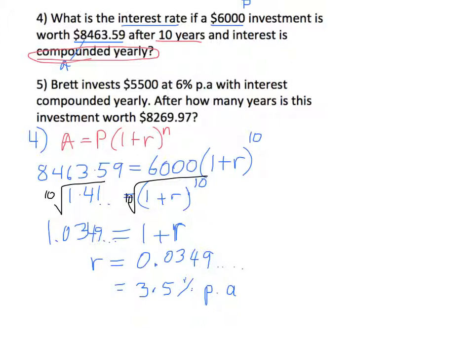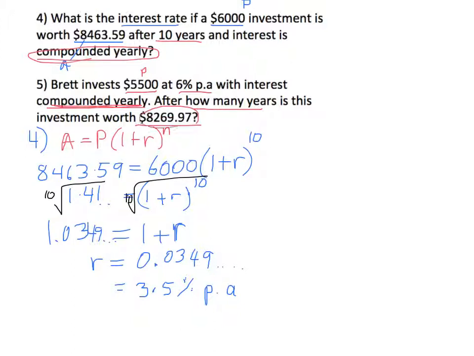Number 5, Brett invests $5,500, so that's P, at 6% per annum, that's R, with interest compounded yearly. After how many years, the question's asking us to find N, is this investment worth $8,269.97?